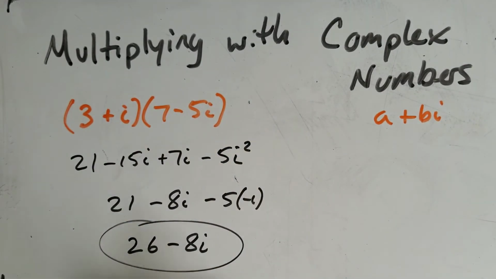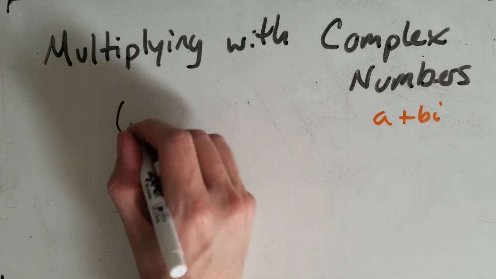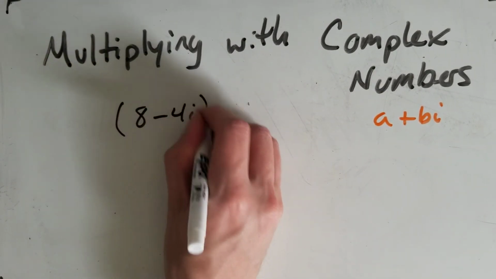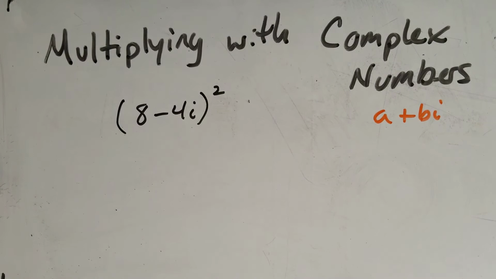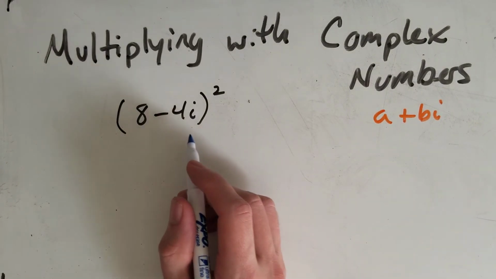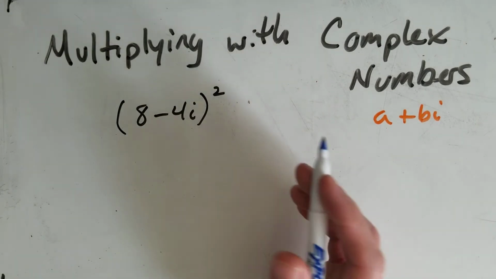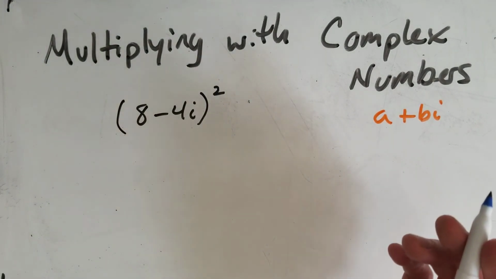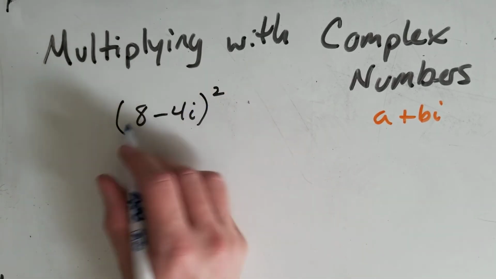Alright, so our last one, we have 8 minus 4i, and we are squaring that complex number. And like you should know, we are squaring, so you can either think of this like 8 minus 4i times 8 minus 4i, or if you know our special rule for squaring a binomial, whatever you want to use.